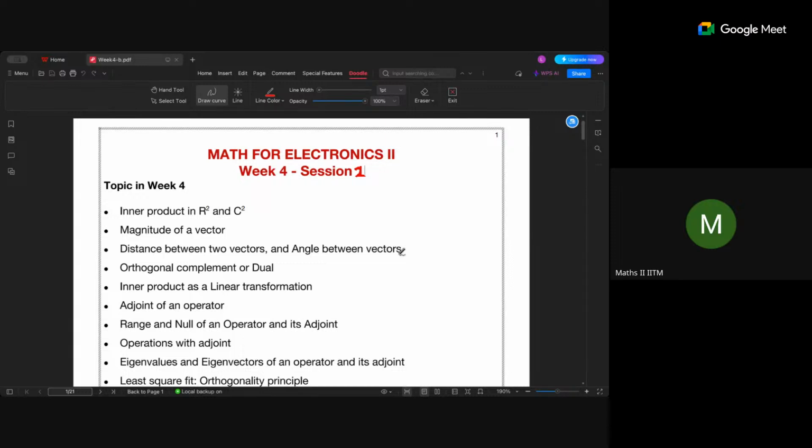These are the topics we have covered so far. Today I will complete up to adjoint, and if I have time, I will also complete range and null of an operator.